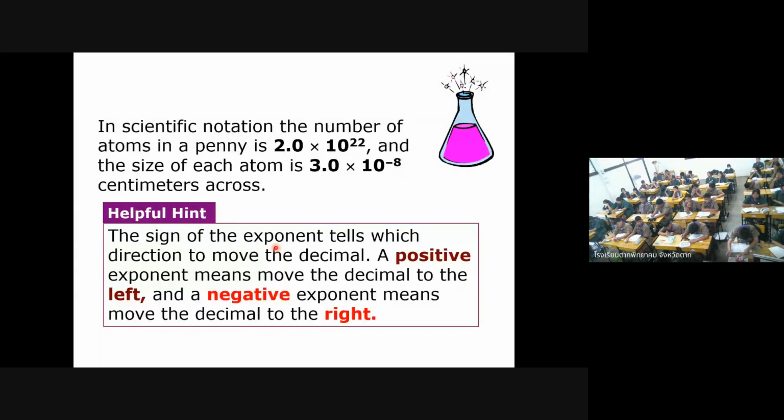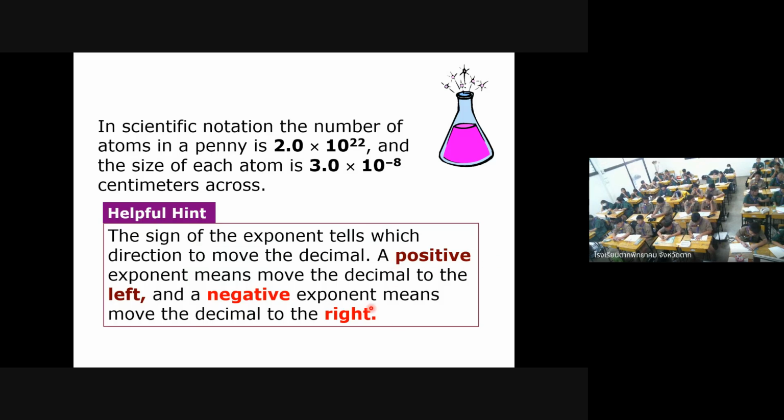Again, because we're going to move the decimal point, if the direction is from right going to the left, the exponent is positive.